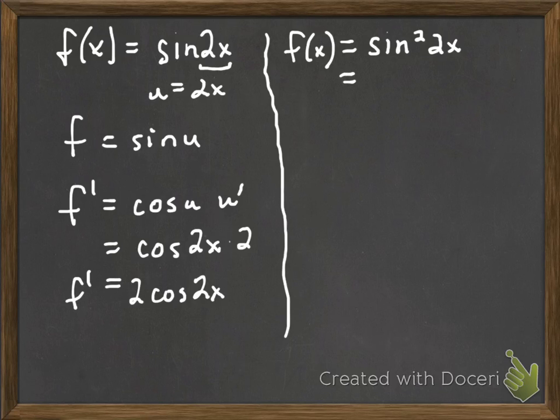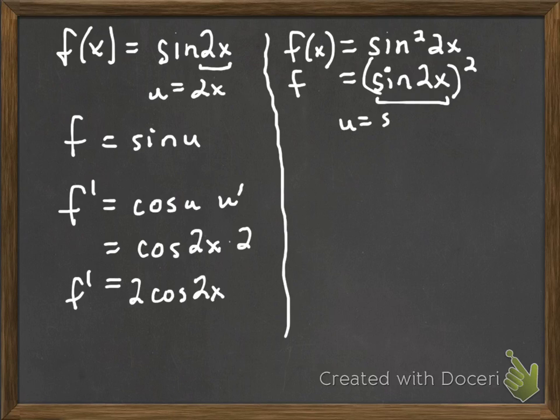So for the second one, the first thing you always recognize is when there is a trig function to a power, you want to rewrite so it looks like a power rule problem. And then this time our u is the inside. So really we're taking the derivative of this u, and that's just the power rule.